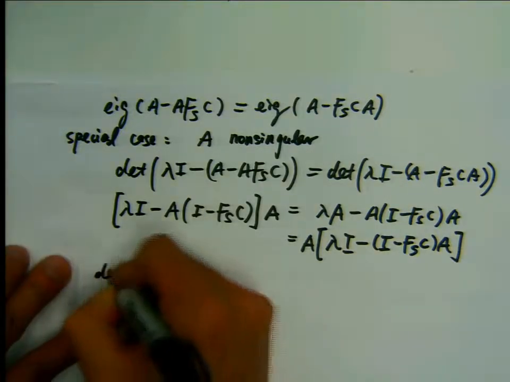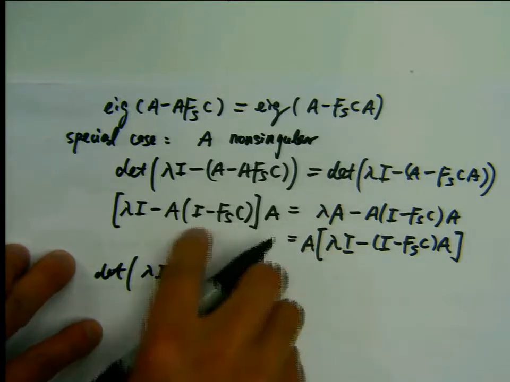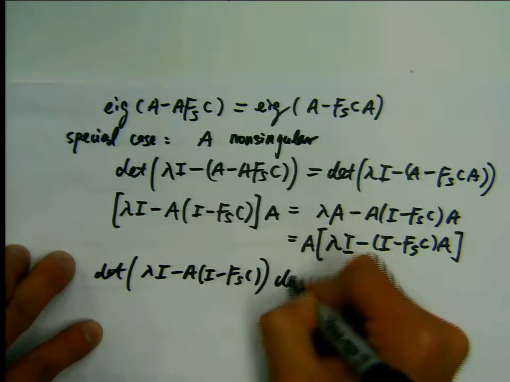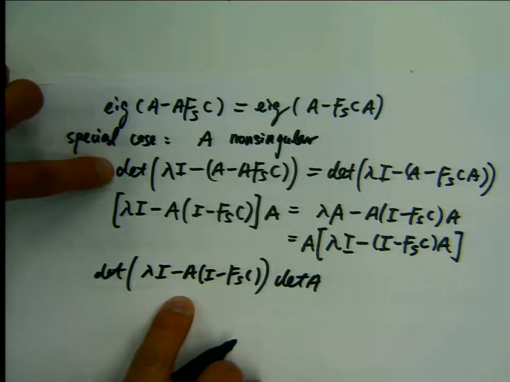Okay, now take determinants on both sides. I get the determinant of lambda I minus A, and the inside of this is A times I minus Fs C, times the determinant of A. So this side is exactly the left-hand side of this equation here.